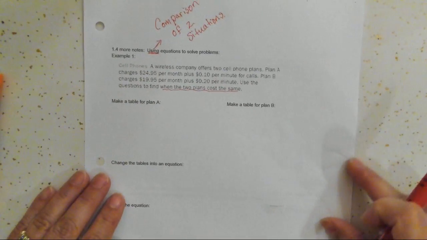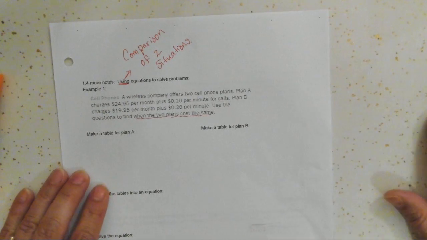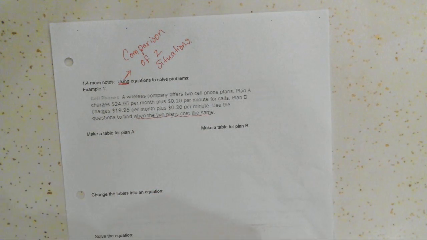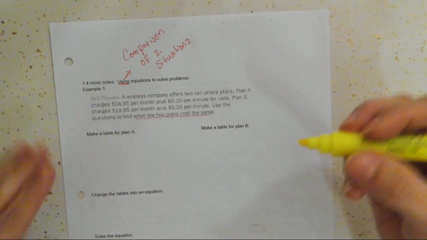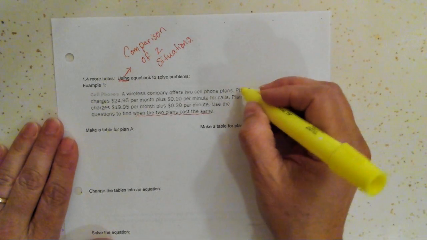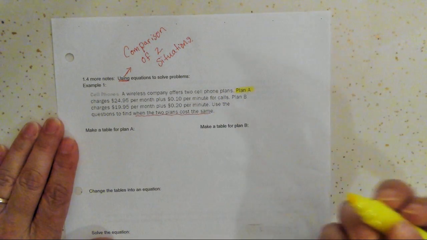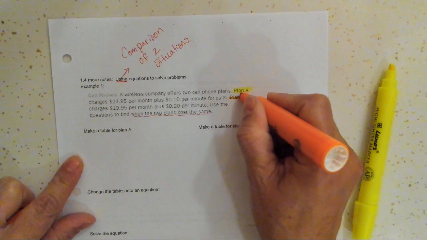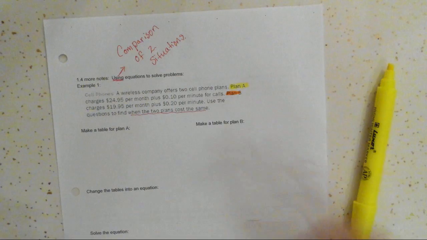So when we're looking at two situations, then a highlighter is helpful here so that we can identify those two situations. So that's what holds these problems together, that all of them involve solving two things. So here we're comparing Plan A and Plan B. All right, and then we go on a hunt.